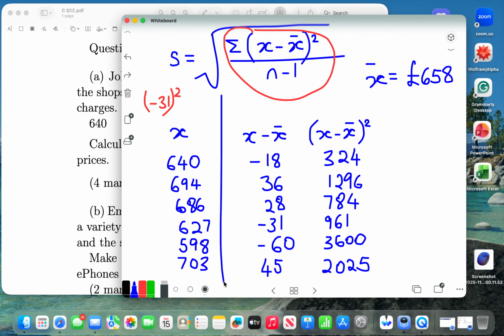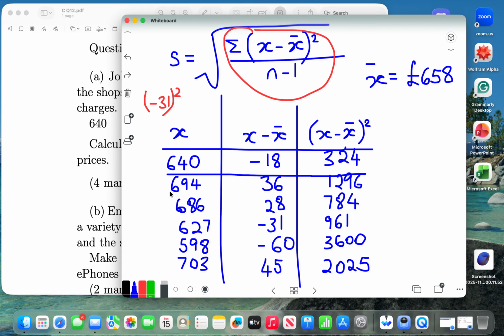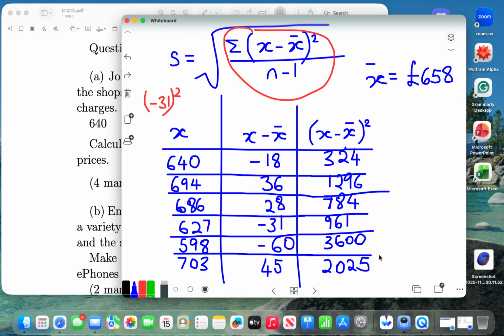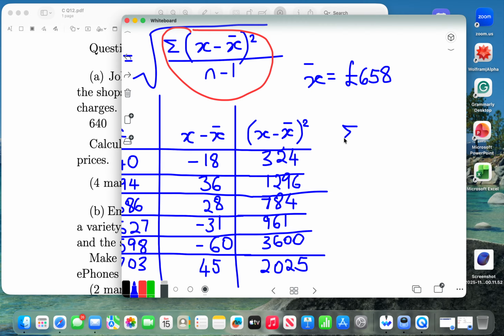I will put lines around this just to make a table. But essentially all you're doing is making up a table of the x minus x bar squareds, and you have to add up all of the values in the third column, and we refer to this as the sigma or the sum.